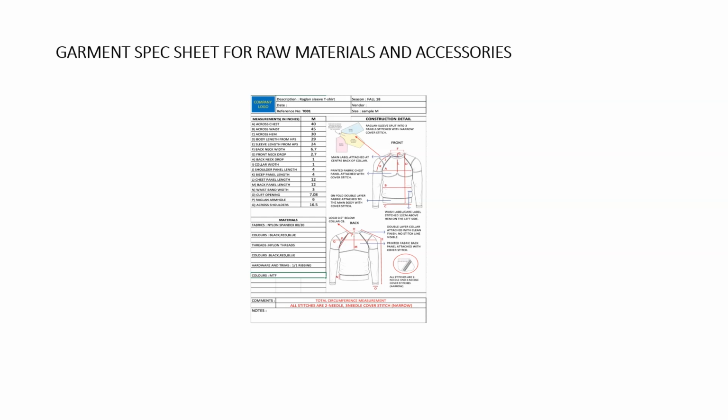Yes, garment specification sheets are there and those sheets are used for raw material and accessories. Students, on the screen you can see now an example of a garment specification sheet.